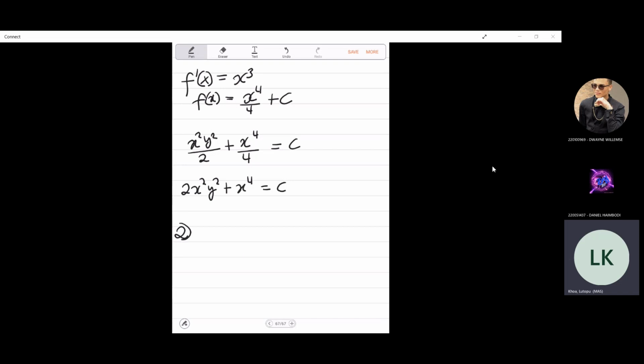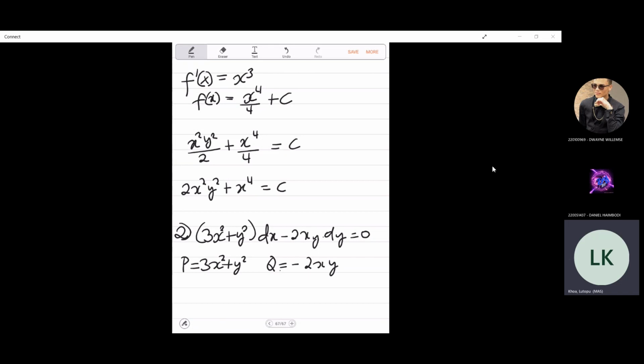Okay. Another example, we have to solve this differential equation, (3x squared plus y squared) dx minus 2xy dy is equal to 0. So our p here is 3x squared plus y squared, and our q is negative 2xy.